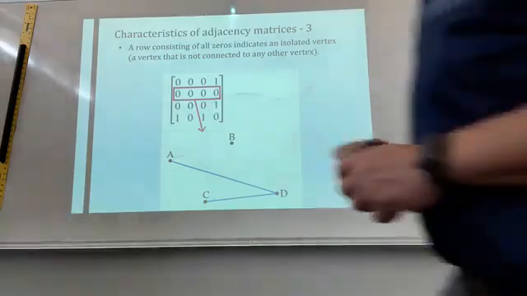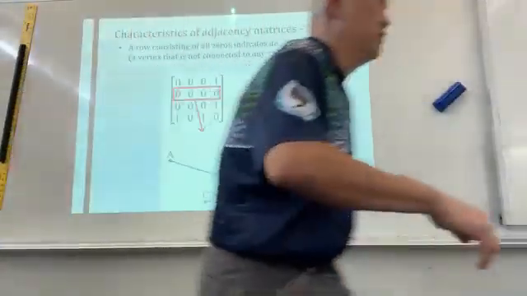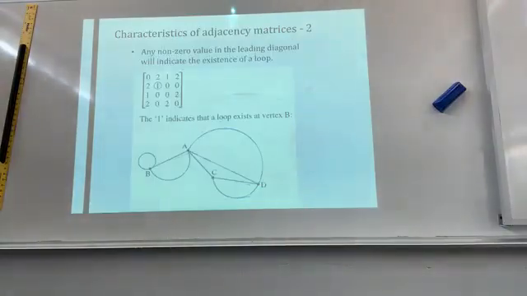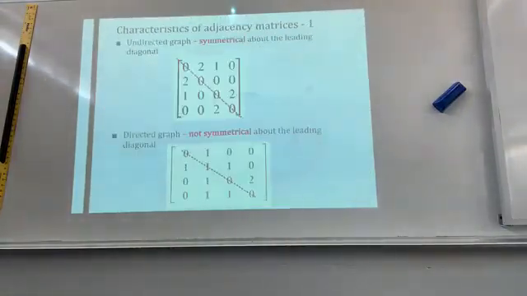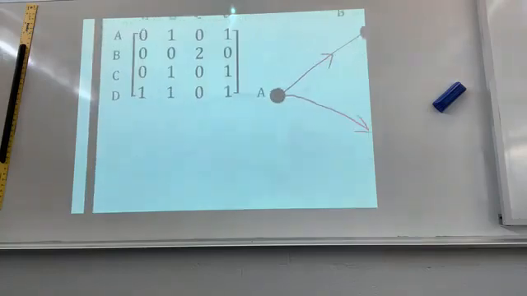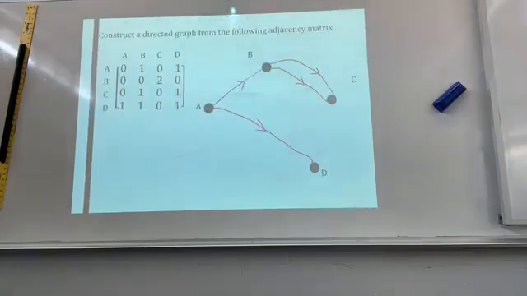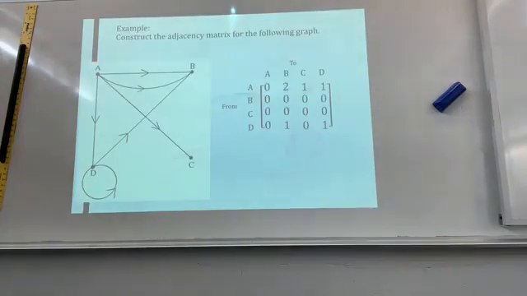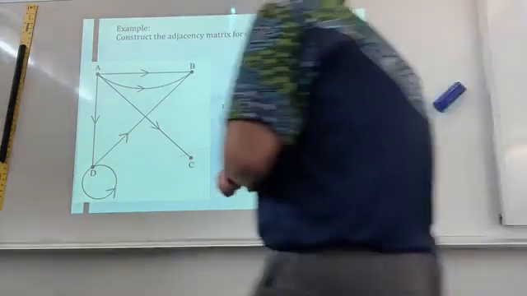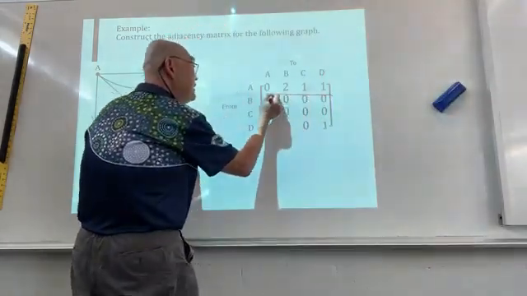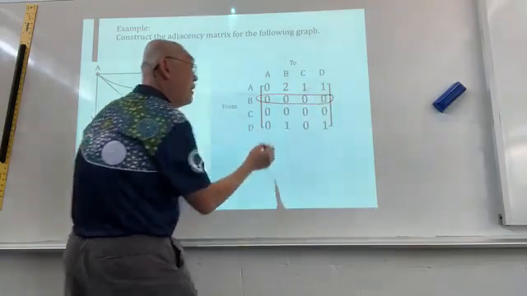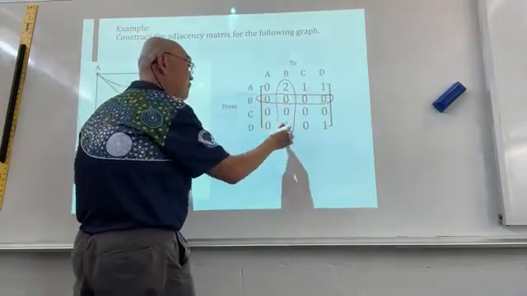Now, if it is a directed graph, let's go back to my directed graph just now. If you have a look at this, although the row is 0, the column itself is not 0.